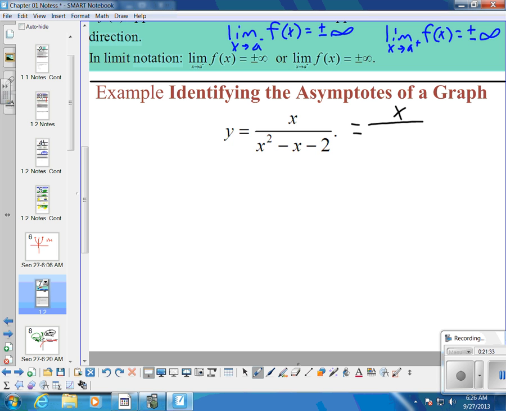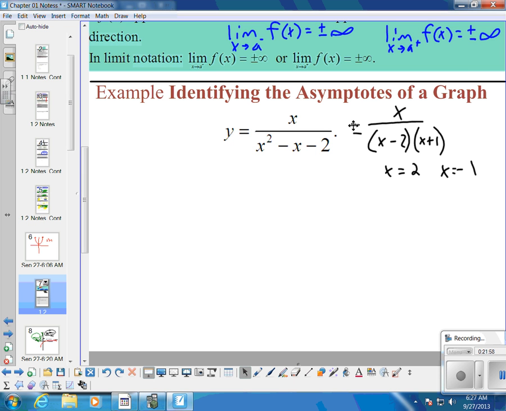So how do I factor x squared minus x minus 2? Well, I'd do an x minus 2 and an x plus 1. What does that mean? The x value of 2 and the x value of negative 1 are the x values that I know I can't use. That's where I would see some vertical asymptotes.